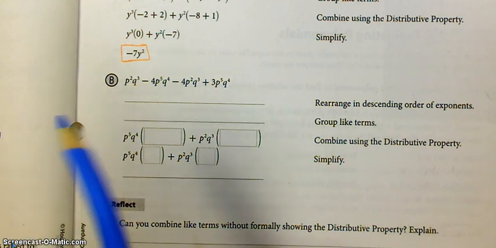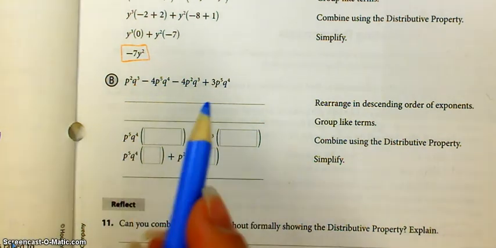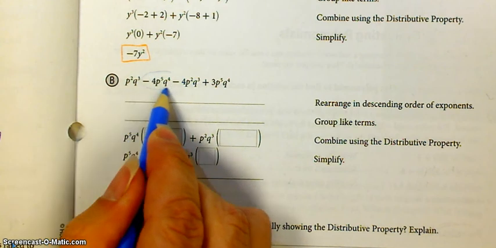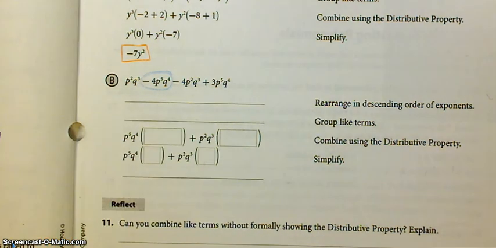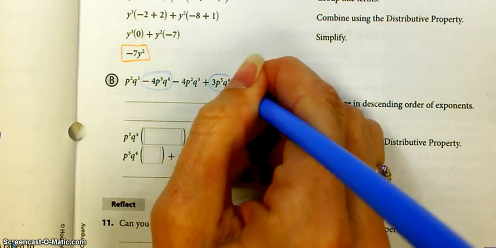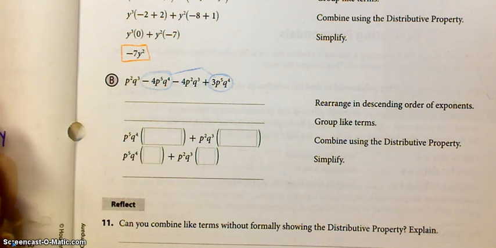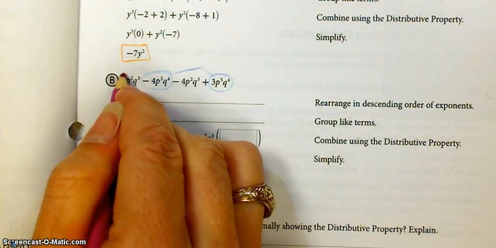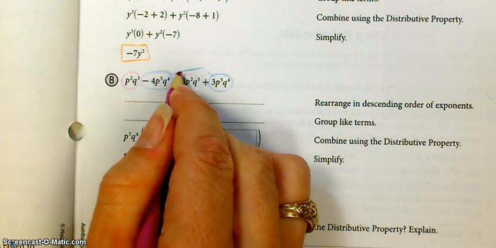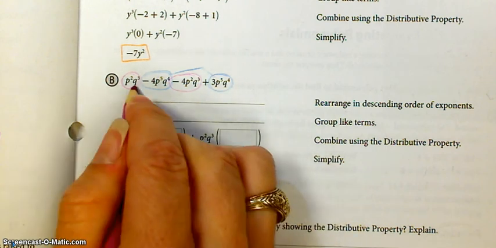Okay, this one is a 9th degree, so that one's going to be the first term. Then this is also 9th degree. Those are going to be alike. And then p squared q to the third and negative 4p squared q to the third, that's p squared q to the third also.